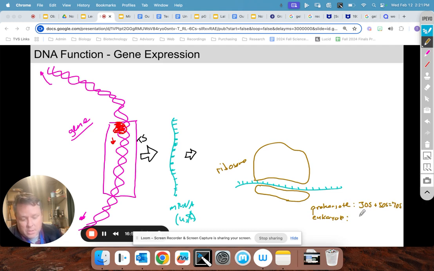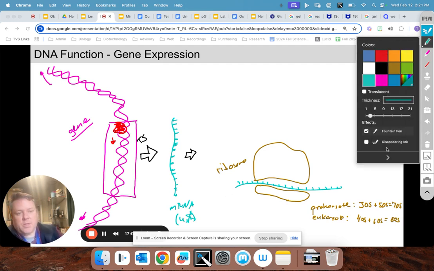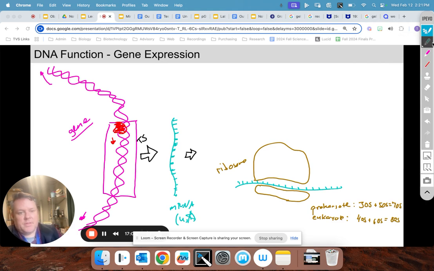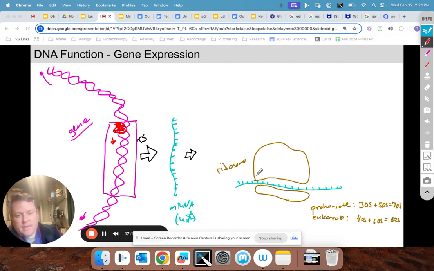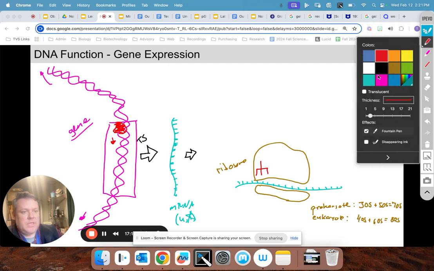So eukaryotes, though, have different ribosomes. 40S plus 60S equals 80S. Let's come back to that in a little bit, okay? All right, so the whole point of this is that the ribosome reads the mRNA, and as it does that, it will fit onto the mRNA these other molecules known as tRNA right there.